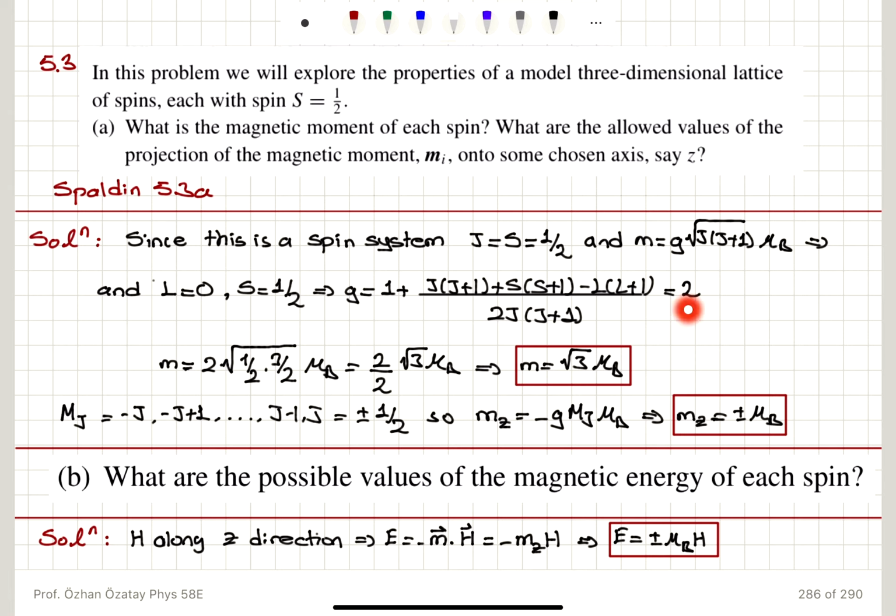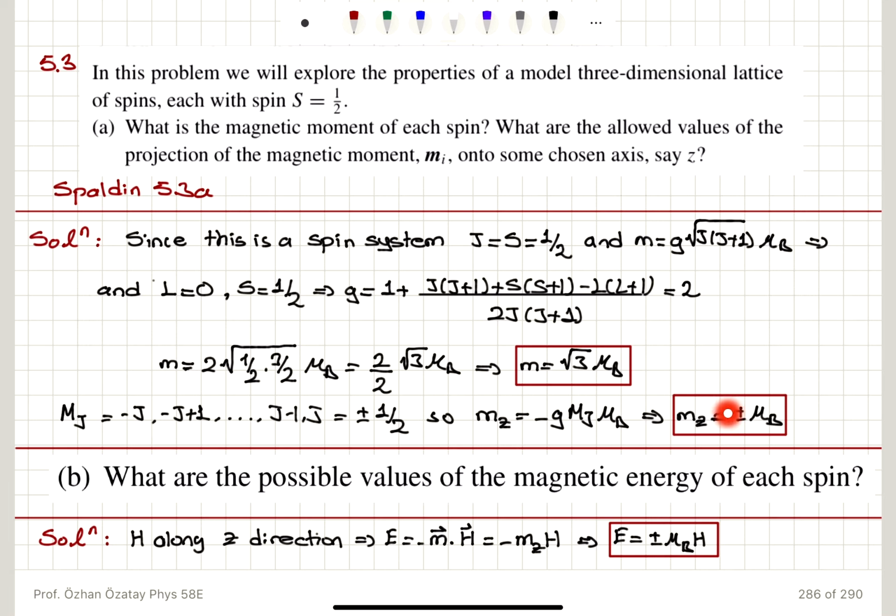The g factor is 2 for a spin-only contribution, and the projection of the magnetic moment onto the z-axis is found by minus g m_J Bohr magneton, where m_J is the magnetic total angular momentum quantum number, which varies between minus J and plus J, so it's plus or minus 1/2.